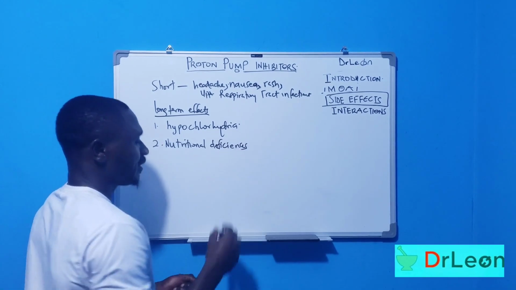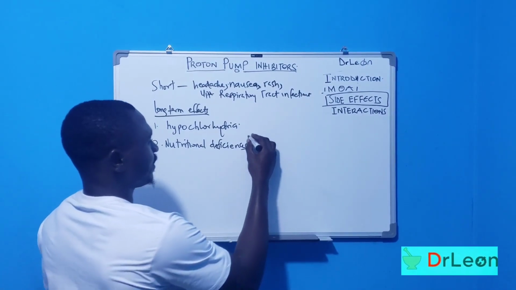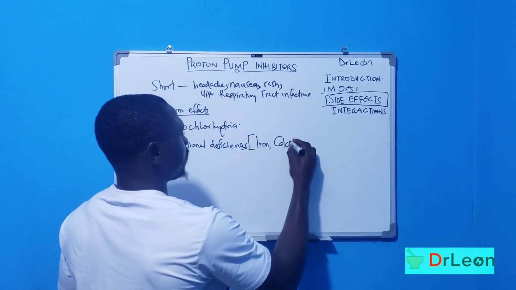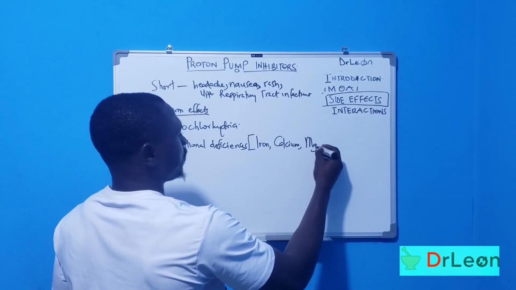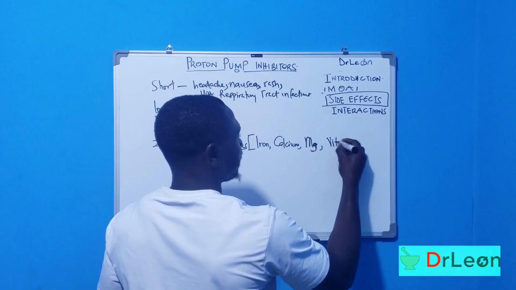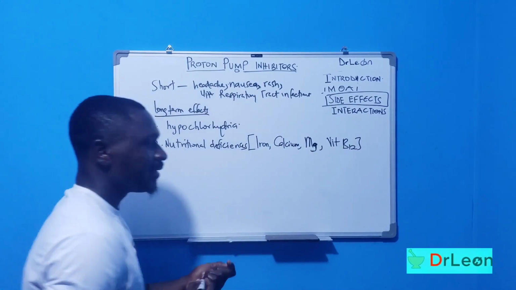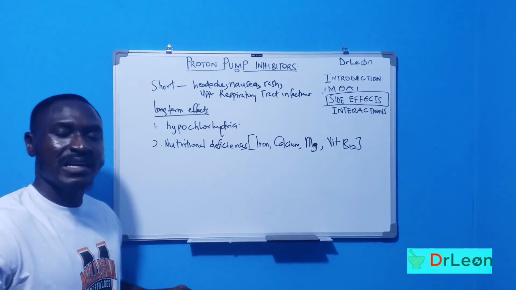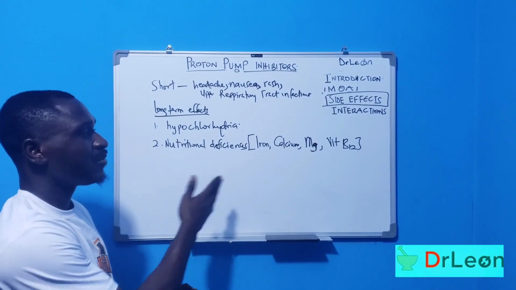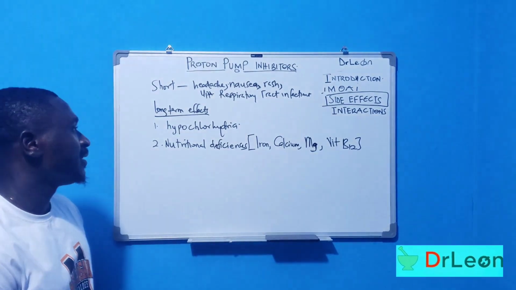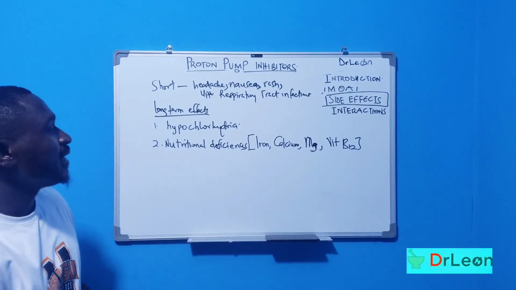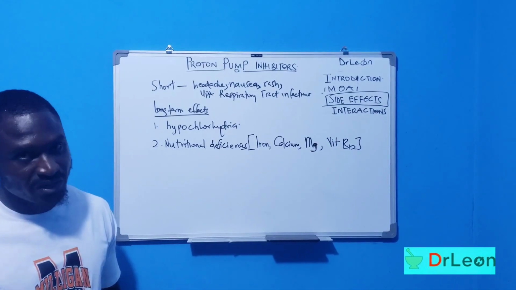And this is because some useful elements like iron, like calcium, like magnesium, and some vitamins, especially vitamin B12, the body makes use of acid to allow the absorption of some of these nutrients. So you see, right now you are taking something that is reducing the production of acid for a long period of time, and then you've gotten to this state, hypochlorhydria.